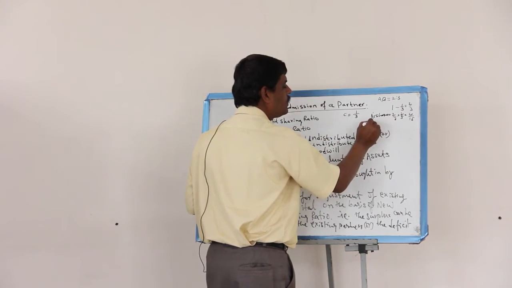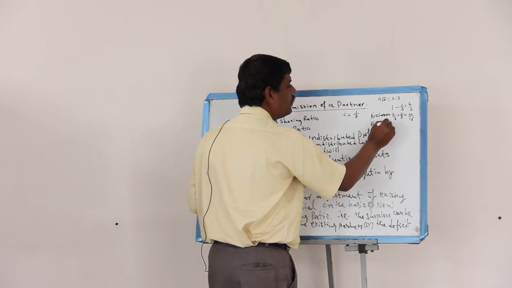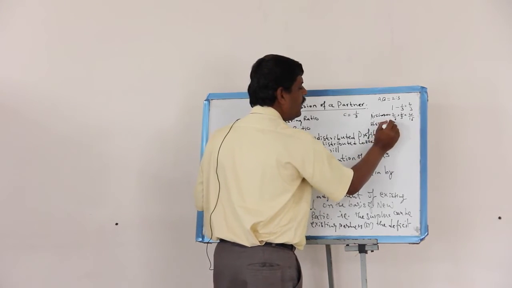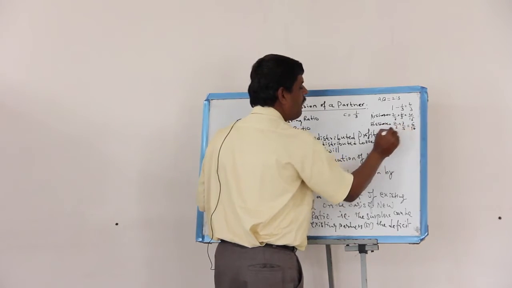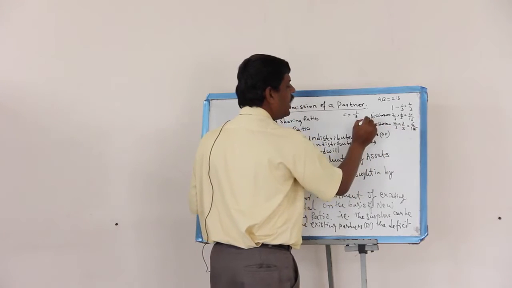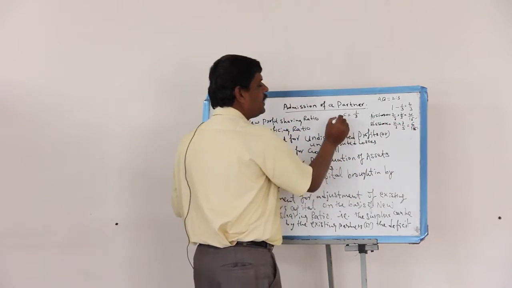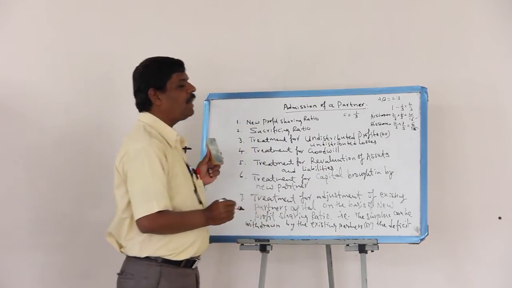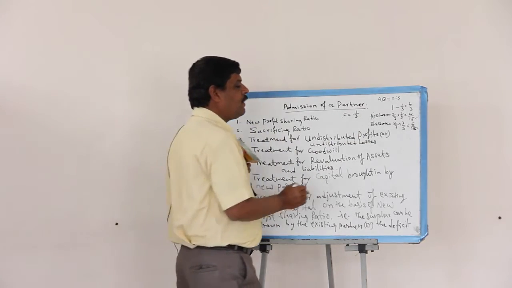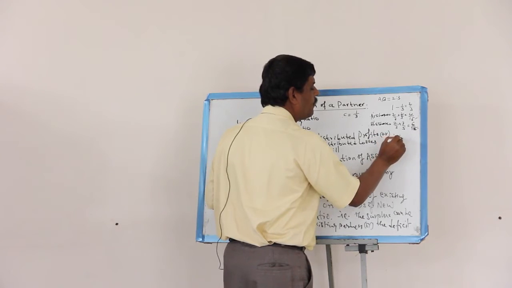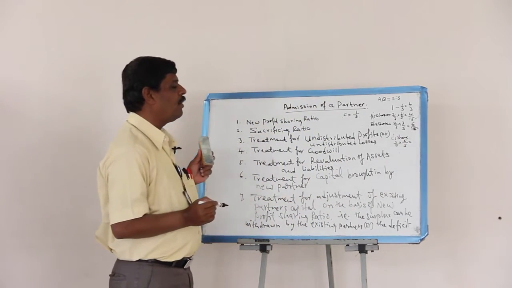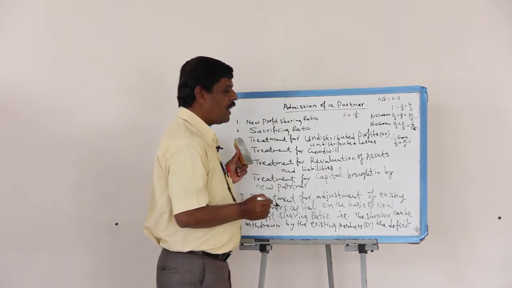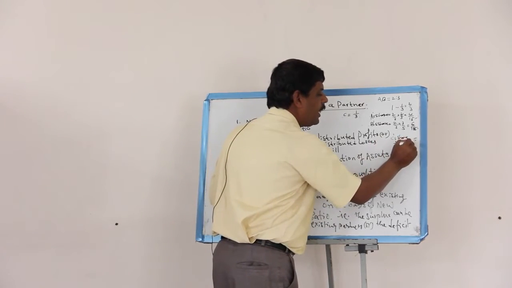B's share is equal to 2 by 3 into 3 by 5, which is 6 by 15. Since the denominator of A and B is 15 and C's denominator is 3, let's make C's denominator also 15. So C's share is equal to 1 by 3 into 5 by 5, multiplying both numerator and denominator by 5, we get 5 by 15.